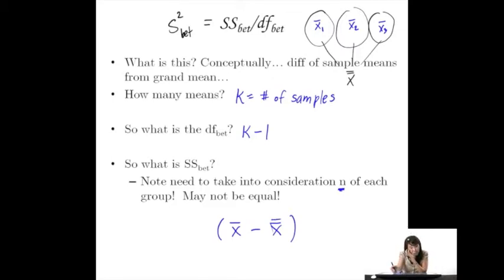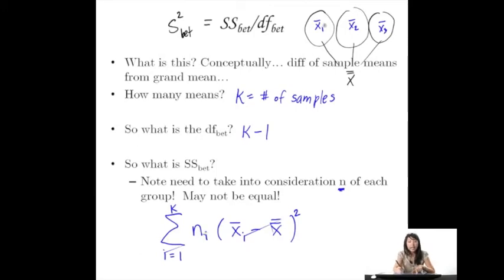Now we have several means here, right? So I'm going to put an I for index. And in my sum of squares, my I is going to go from 1 up through K. So for each group that I have, I want you to get this distance and square it. Not only that, I'm not going to stop there, but I also want you to make it count a lot if it has a lot of data points.